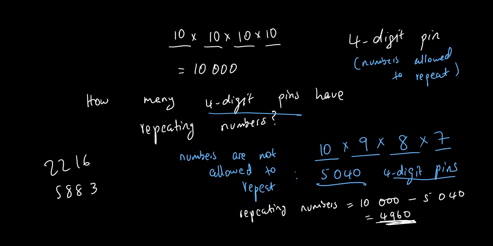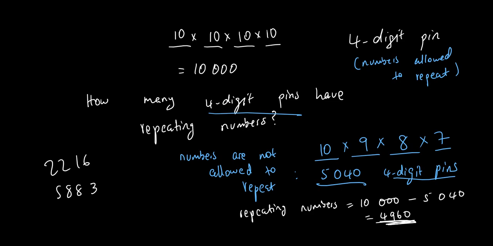These pins are all contained in this 4,960. So when you add the ones that have repeating numbers and the ones that don't, you get the total number of 4-digit pins that you can have if you want to make a 4-digit pin. I hope we are still together there.